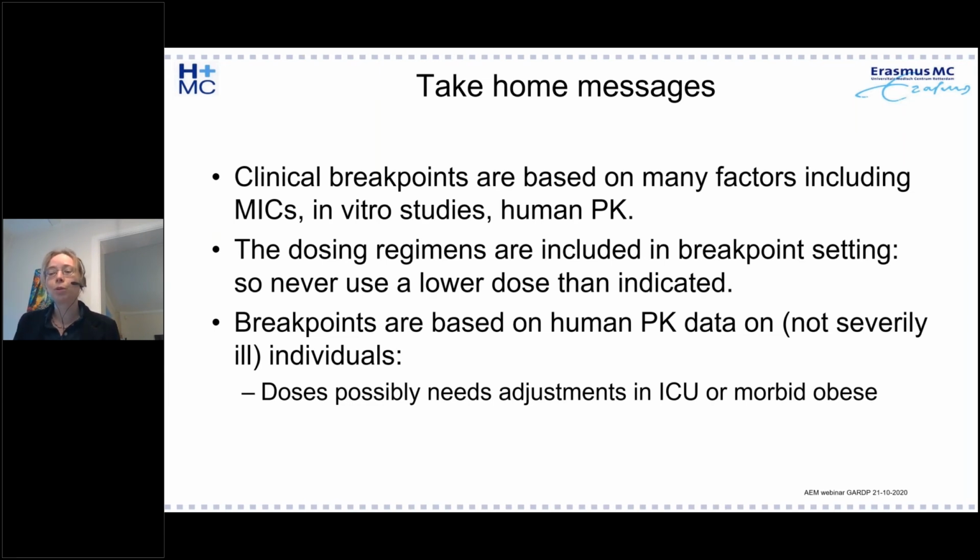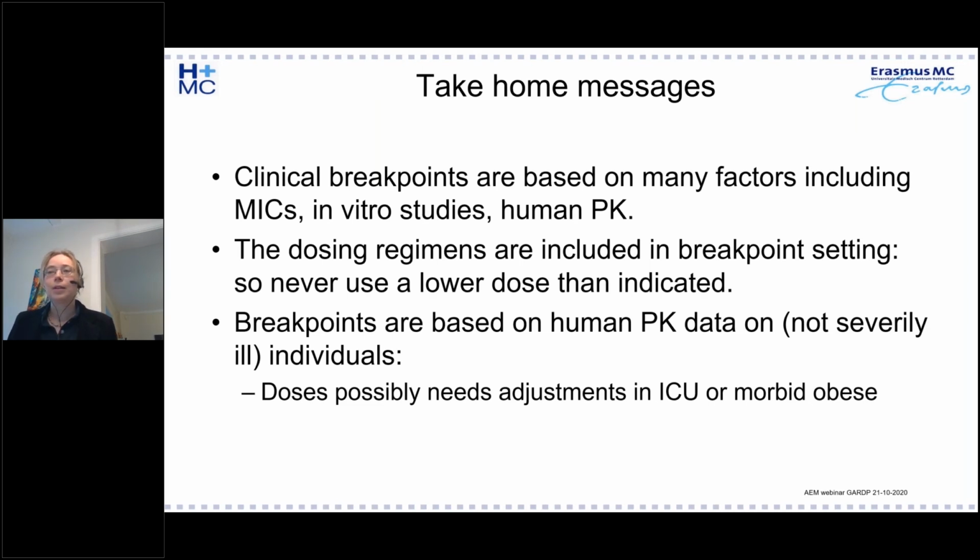It's also very important that you realize that those schedules are one part of the breakpoint setting, so if you use the breakpoints of the EUCAST, you can never use a lower dose than indicated.